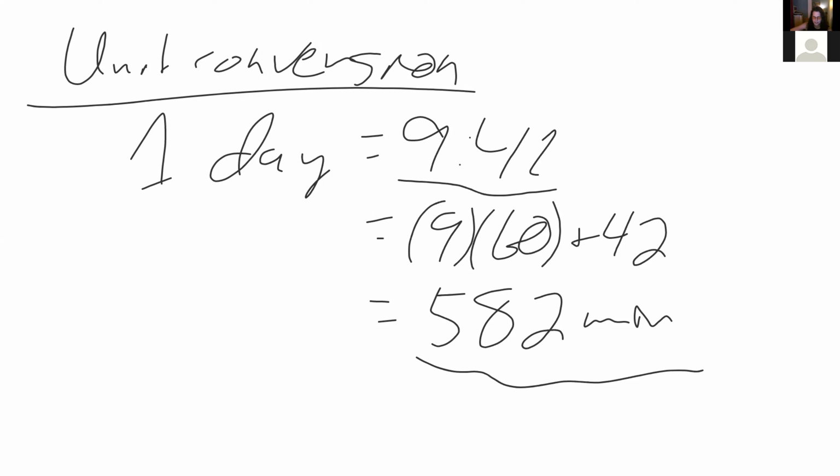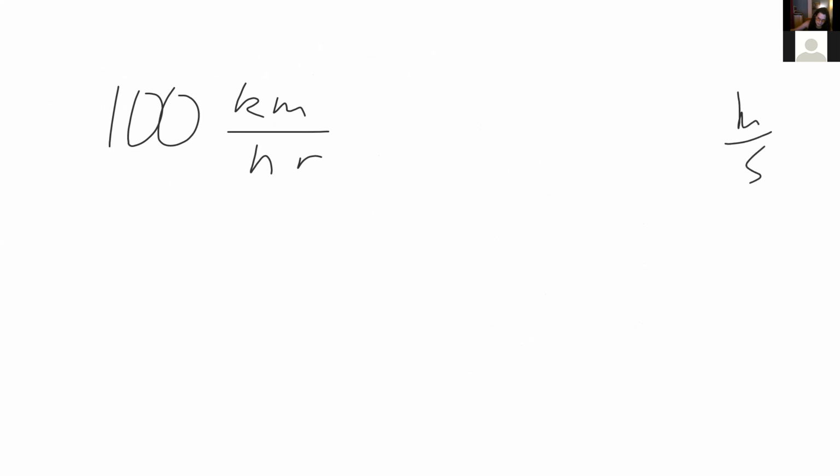If you have a more complex unit, for instance, let's say I want to go from 100 kilometers per hour into meters per second, which is one you might actually need to do, the way I do it is I start by converting the top unit, and then I convert the bottom unit.